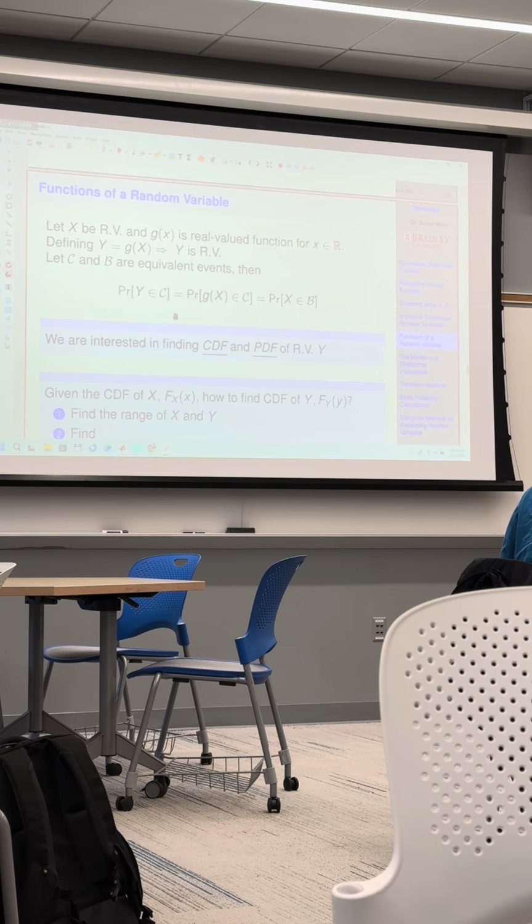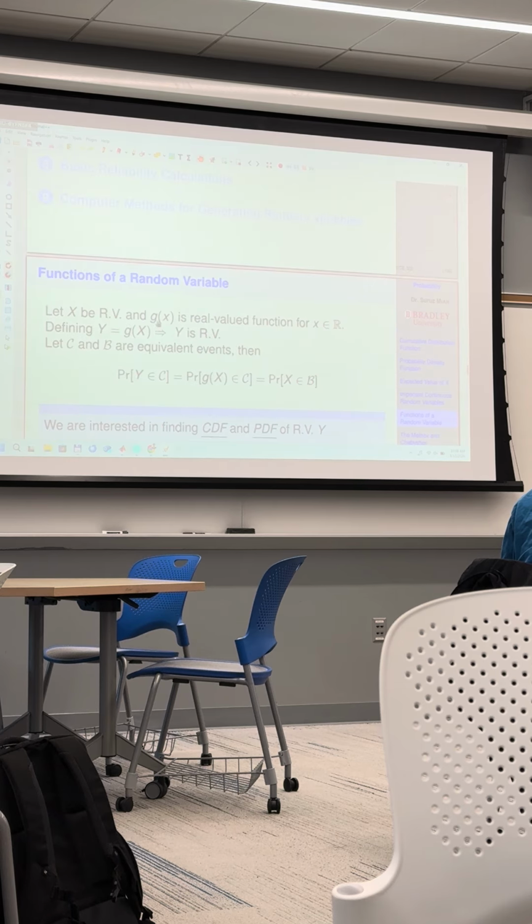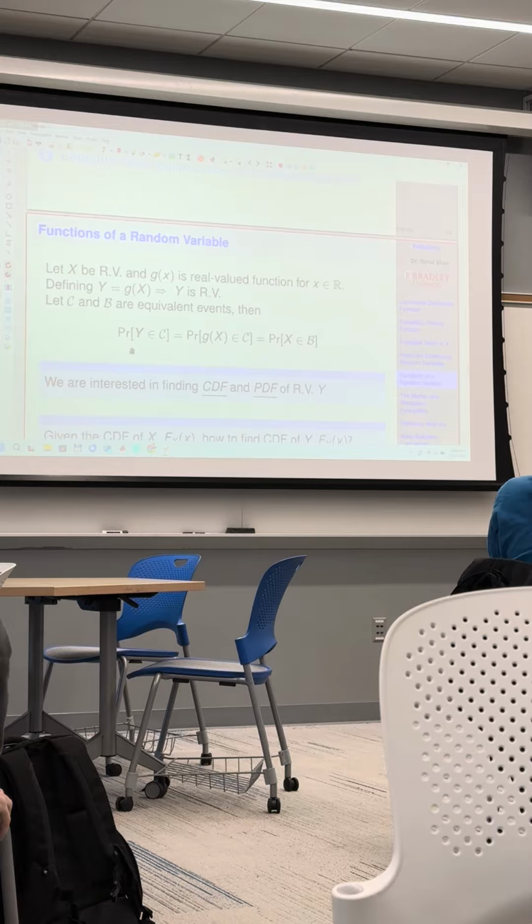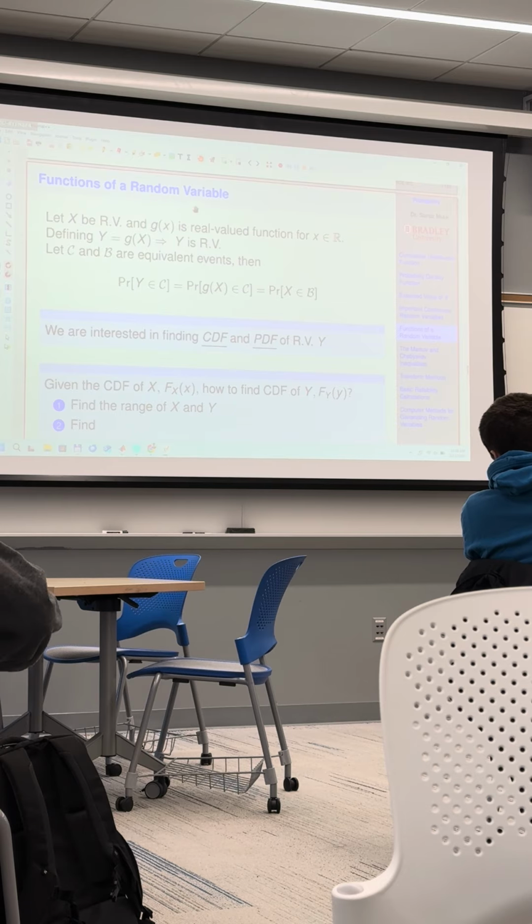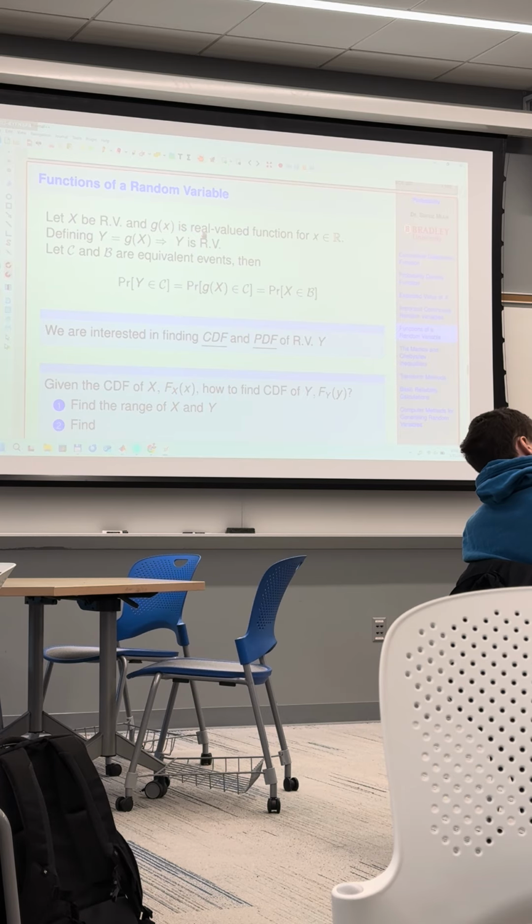But all the topics that we'll cover in chapter 5, we covered in chapter 4. The only difference in chapter 5 is that we will talk about 2 random variables instead of 1. Is that clear? That's why chapter 5 will not take much time, because the topics are very similar to chapter 4 and chapter 3. So the function of a random variable here becomes, in chapter 5, a function of 2 random variables, or vector random variable.